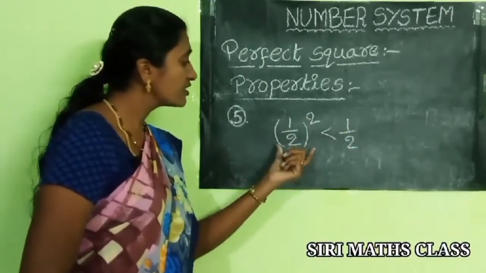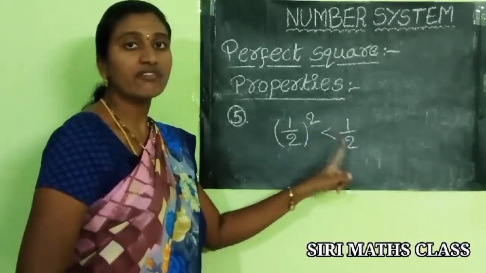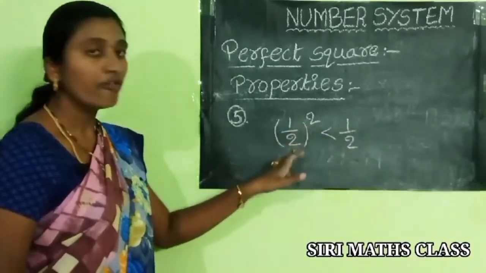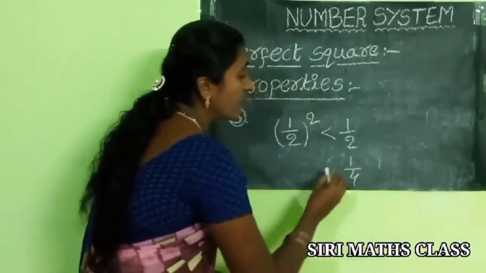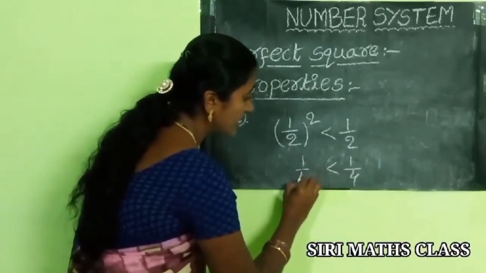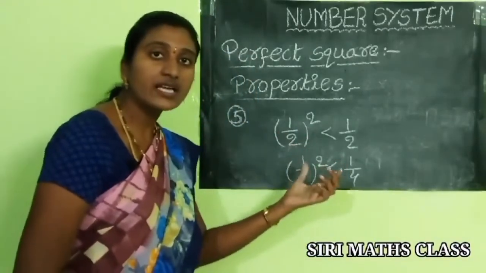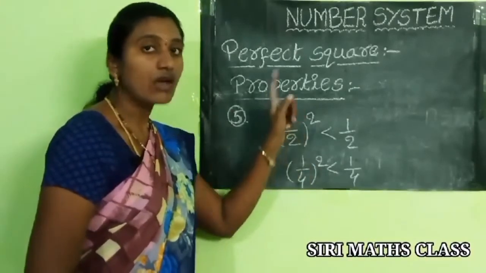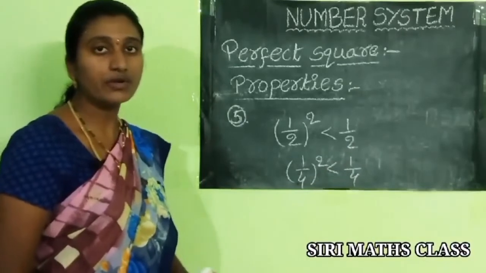So what we observe here, 1 by 2 is greater than 1 by 2 square. Suppose I am taking 1 by 4. 1 by 4 is always greater than the square of 1 by 4. Here, does everyone understand what I am saying? The square of a proper fraction is always smaller than the given fraction. Okay, we go to the next condition.